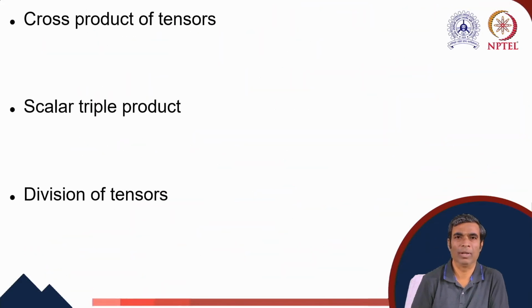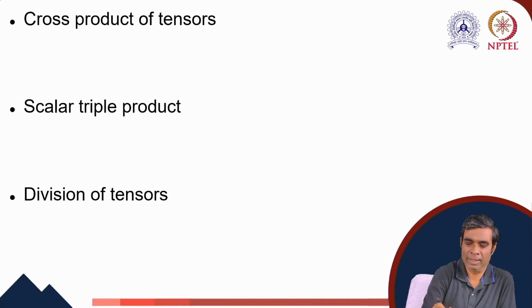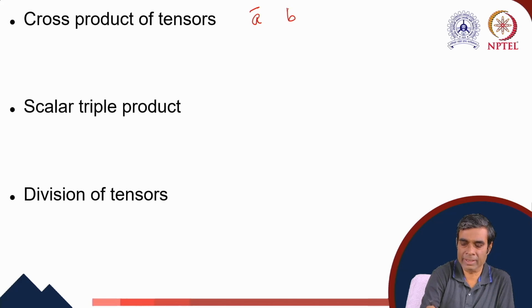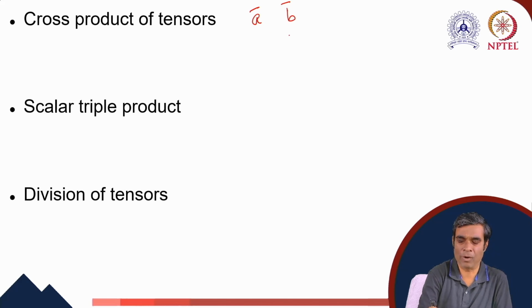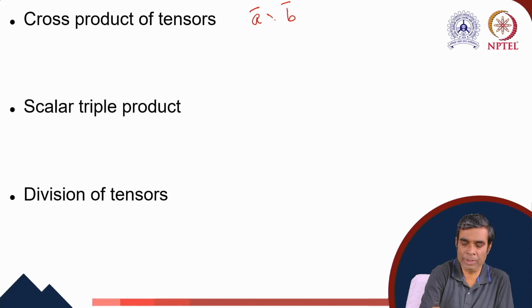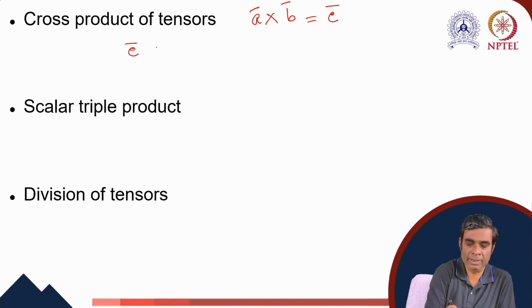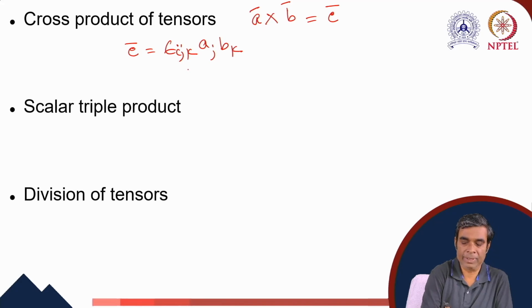Next we go for the cross product of tensors. Let us consider one tensor A bar, the next tensor is B bar. They are of the same order, first order. If we take the cross product between these two tensors, then we find a new vector that is denoted by the symbol C bar. Then we write C bar equals epsilon_ijk a_j b_k. Now epsilon_ijk is the alternating tensor.